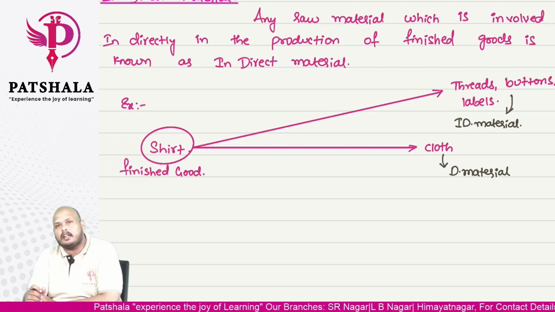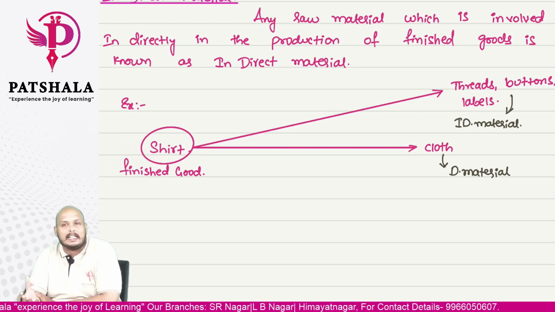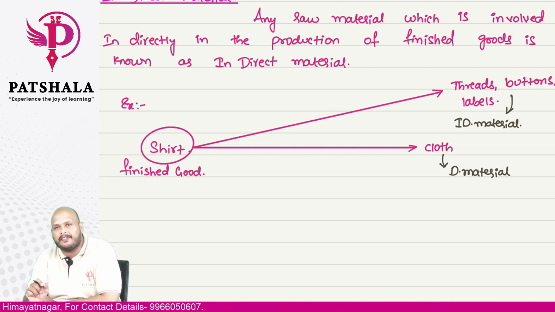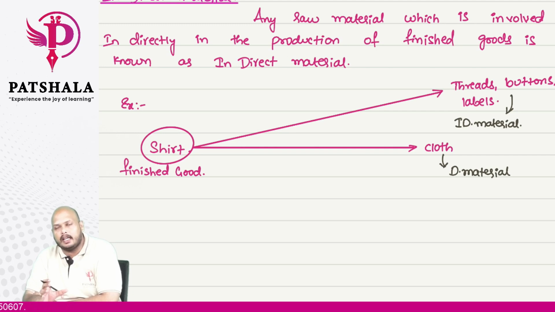Here the majority of the portion in the wooden table will be what? Wood, obviously. That wood will be classified as which material here? Direct material. Whereas the nails and the fevicol which we use for manufacturing that wooden table will be classified as indirect raw material. So this is how we classify a material as direct or indirect.